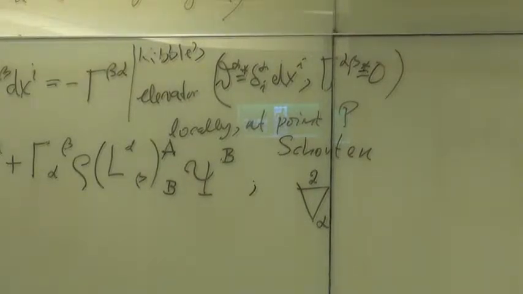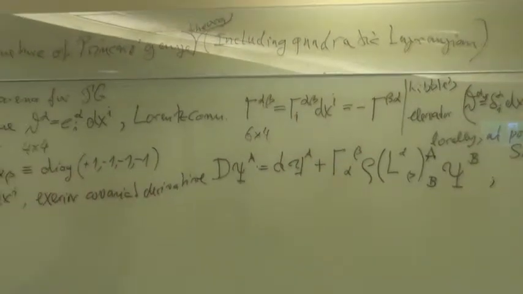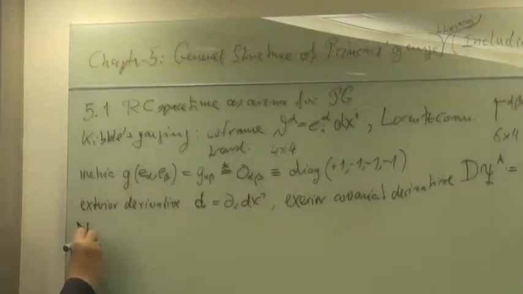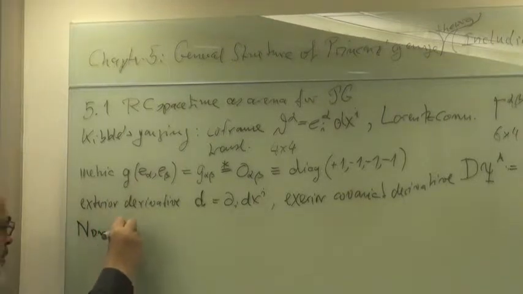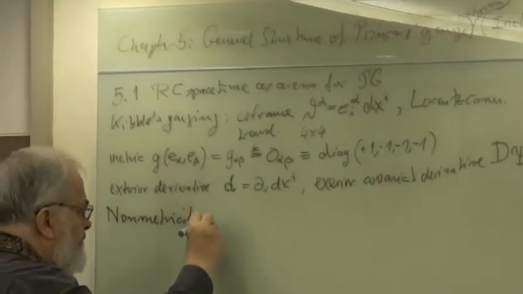Okay, then the characteristic feature, this is all we need to know. If gamma is antisymmetric, originally the connection is of course not antisymmetric, but we assume in a Riemann-Cartan space it's antisymmetric, and this is a consequence of the non-metricity vanishing.